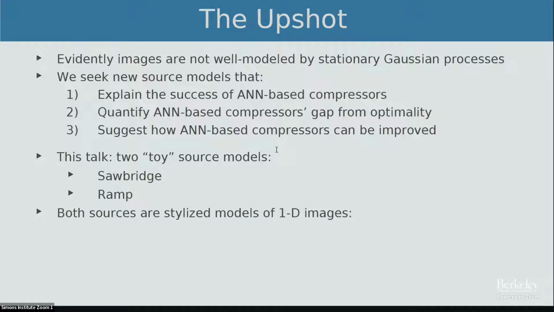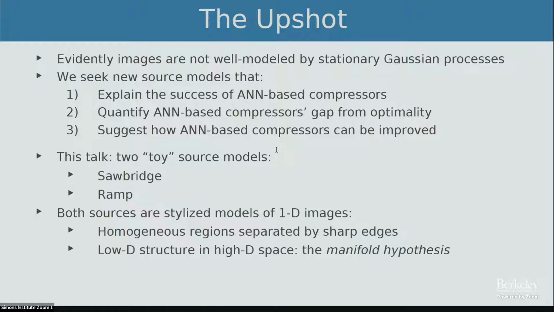They're toy models, stylized, but they do capture certain properties of images. They both have homogeneous regions separated by an abrupt edge, and the edge is randomly placed, and they also capture the idea of low dimensional structure in high dimensional space, the so-called manifold hypothesis for images. Okay, so I'm going to talk about each of them. I'll do the Sawbridge and then the ramp.